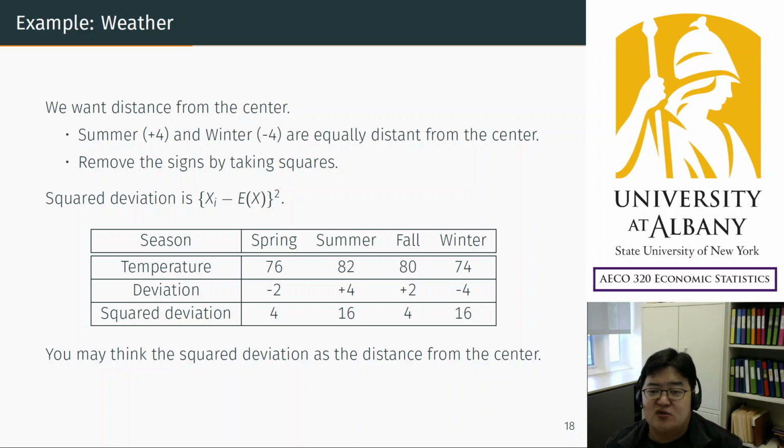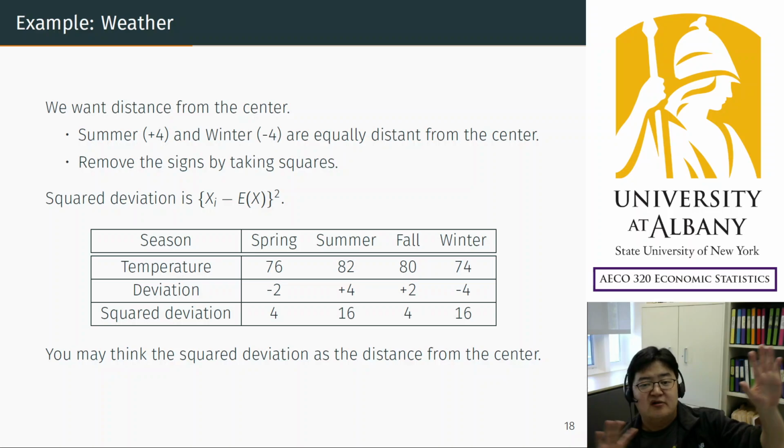There are many ways to remove the signs, but what we are going to do here is take squares. If you take squares, then, for example, plus 4 and minus 4 will become equal.